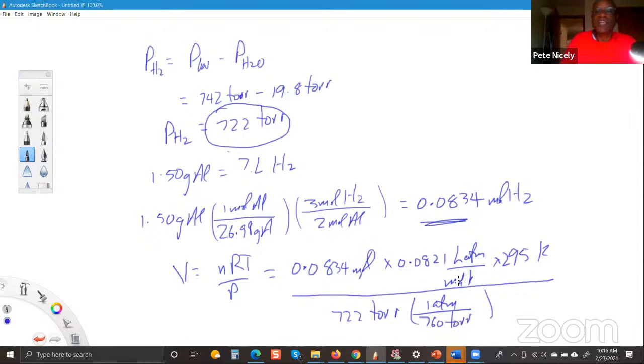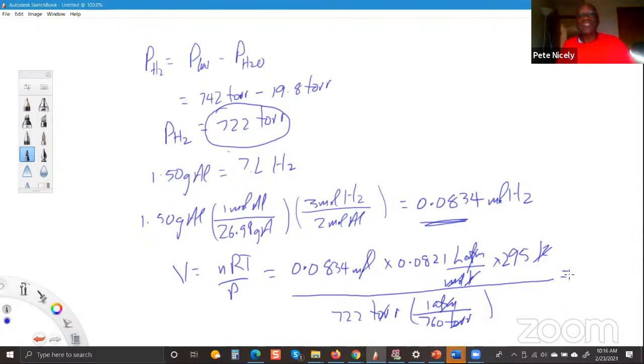So the mole units will cancel out here and here, the Kelvin will cancel out here and here, the torrs will cancel out here and here, atmospheres will cancel out. So we're left with the answer in liters. So let me do the calculation. 0.0834 times 0.0821 times 295 divided by 722, which itself is divided by 760.